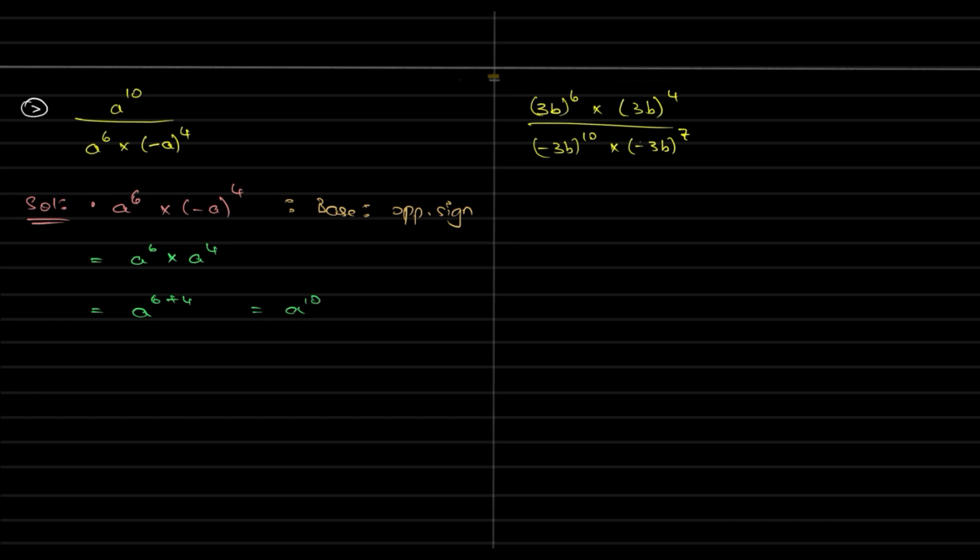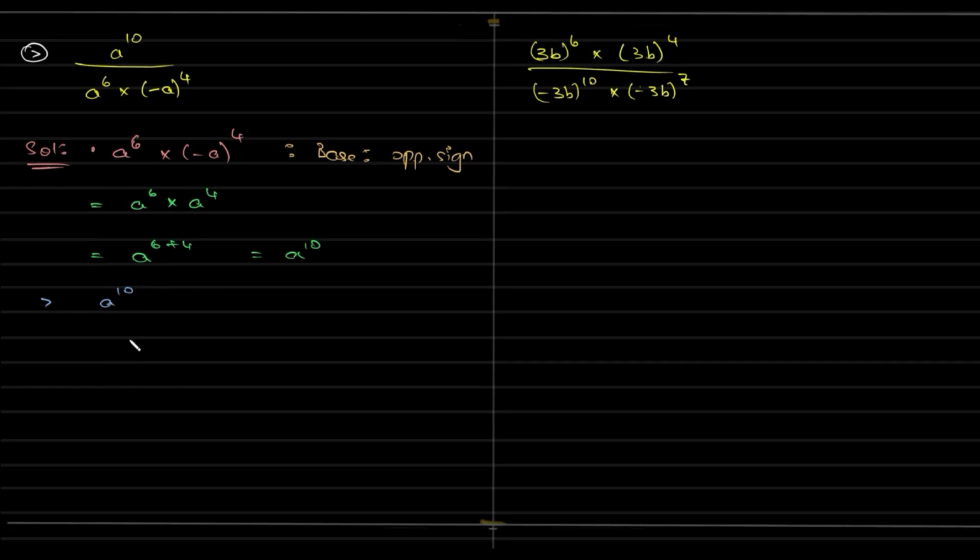So let us substitute it back into our question. We have the question to be a to the power of 10 divided by a to the power of 6 into a to the power of negative a to the power of 4. So this is nothing but a to the power of 10. In place of the denominator, I am going to write a to the power of 10 itself.